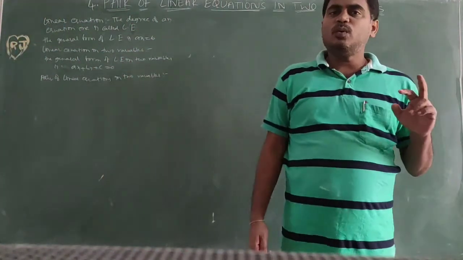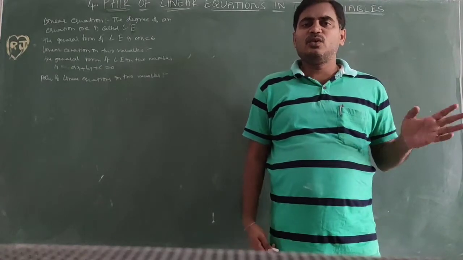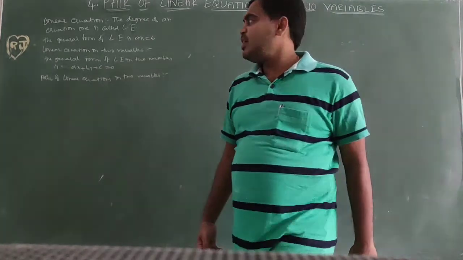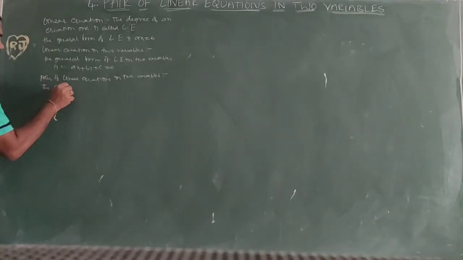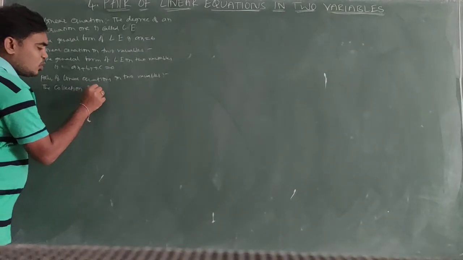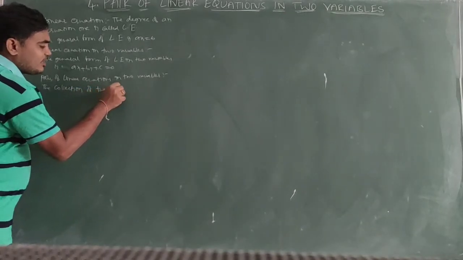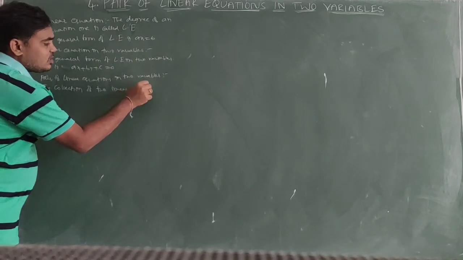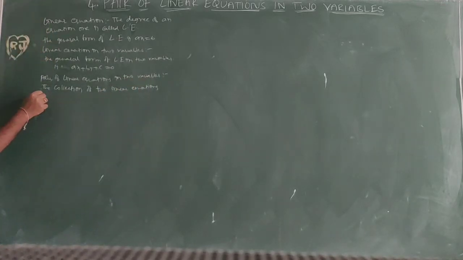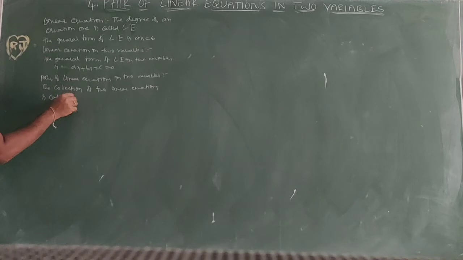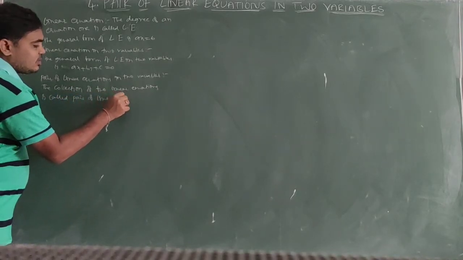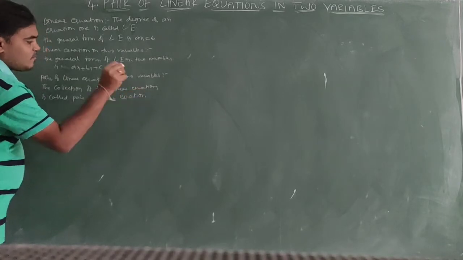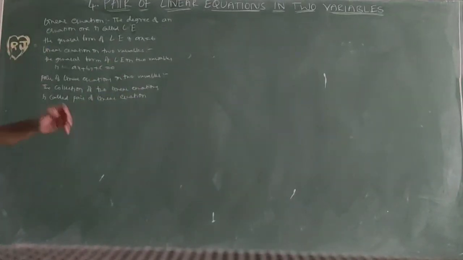The collection of two linear equations in two variables is called a pair of linear equations.